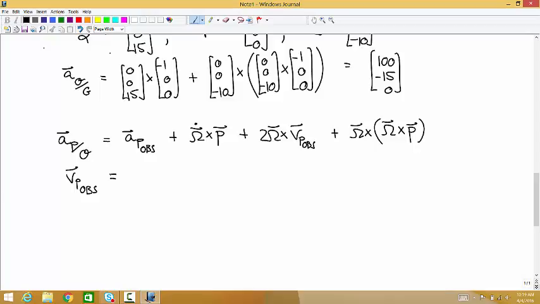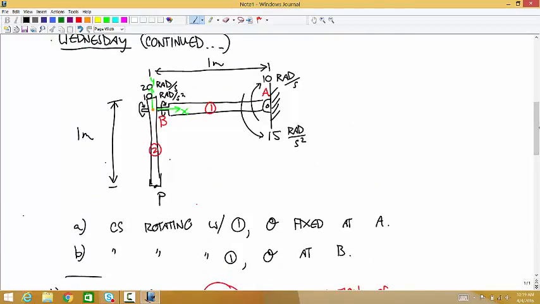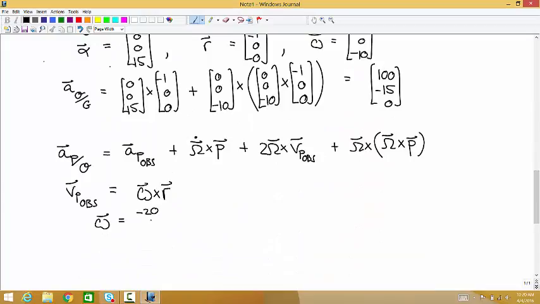Okay, so what do we know about the observed velocity of P? Well, what's the equation for velocity with circular motion? Yeah, omega cross r. And so we have to think about what that omega is and what that r is. So what's omega? Yep, that's the 20 radians per second, and then what's the sign and the axis? The axis is x and the sign is negative. Yep, that's right. So negative 20, 0, 0.